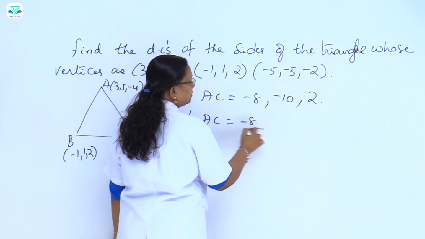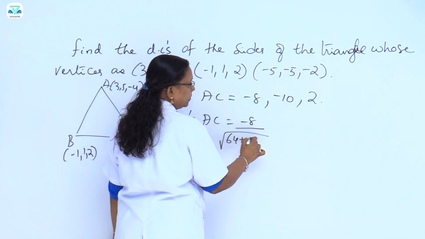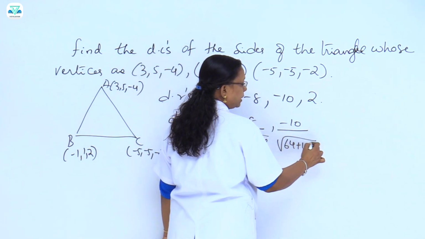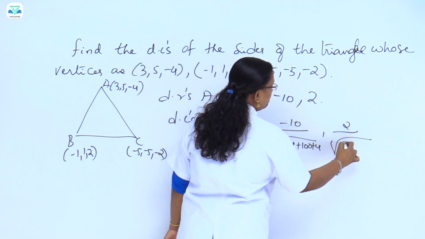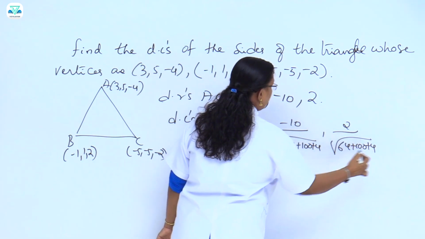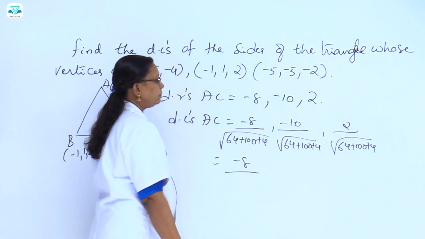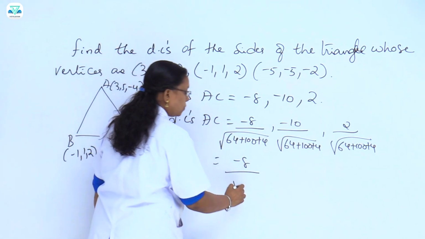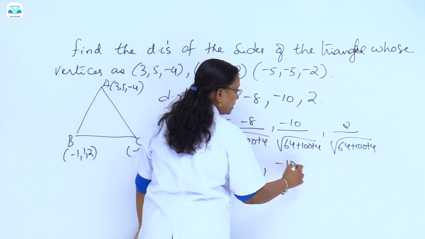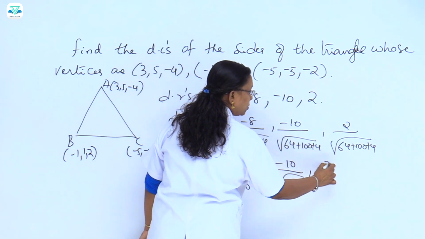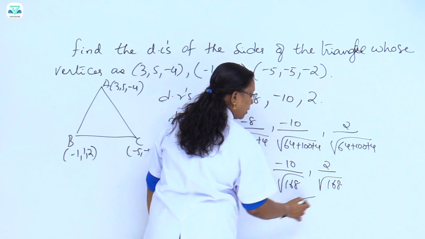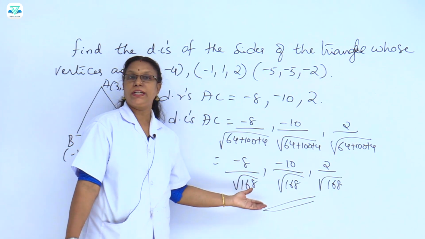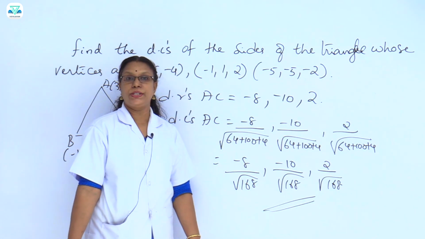Minus 8 by root of 64 plus 100 plus 4, minus 10 by root of 64 plus 100 plus 4 and 2 by root of 64 plus 100 plus 4, or it is minus 8 by root 168, minus 10 by root 168 and 2 by root 168, which you can further simplify by simplifying root 168 and then cancelling with the numerator and so on. So this will give the direction cosines of AC.